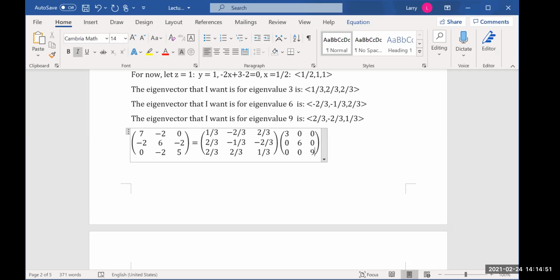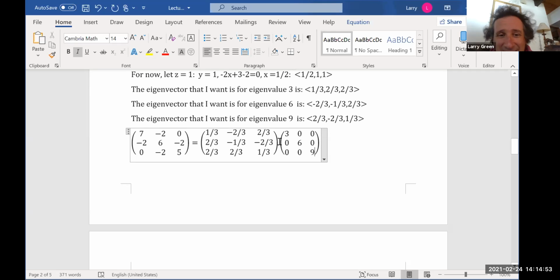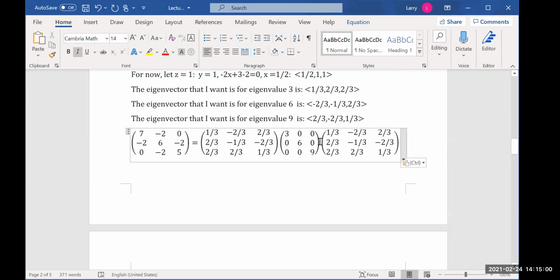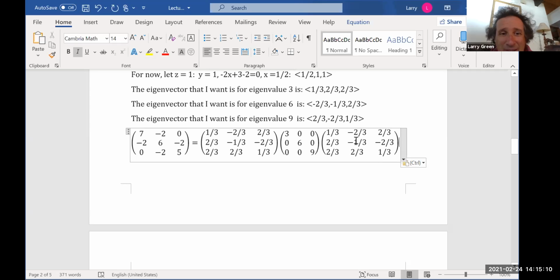Now I need to find P inverse. And why can I do this like in my sleep? Because the original is symmetric. So you just have to take the transpose. So I take the transpose of this matrix. The transpose will switch the negatives here.